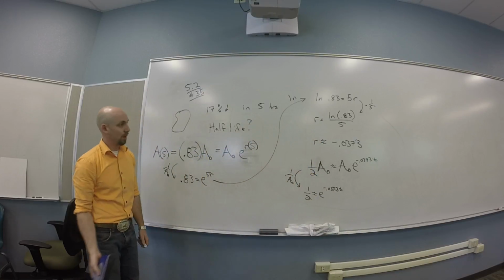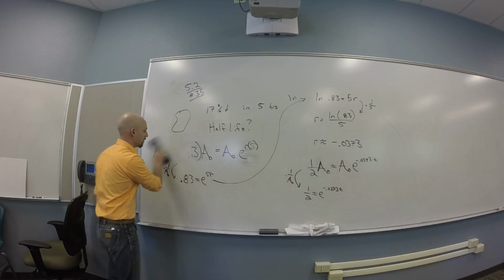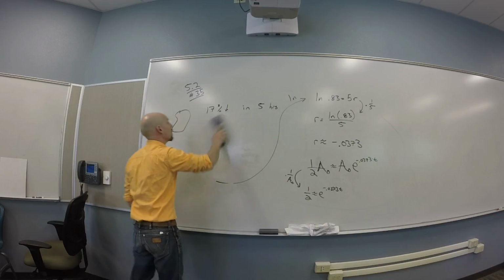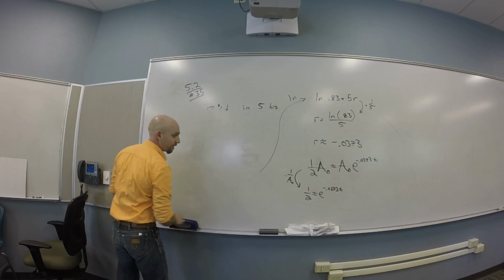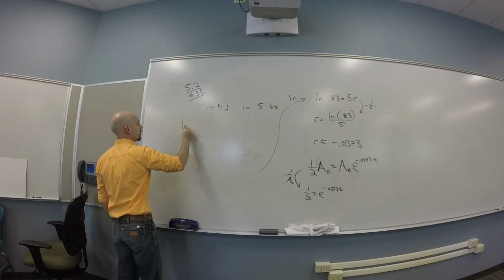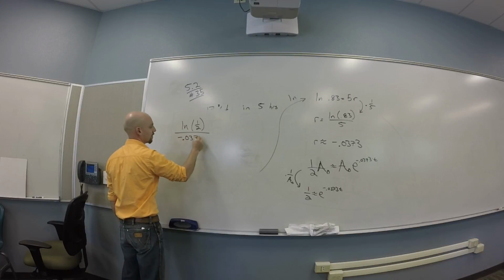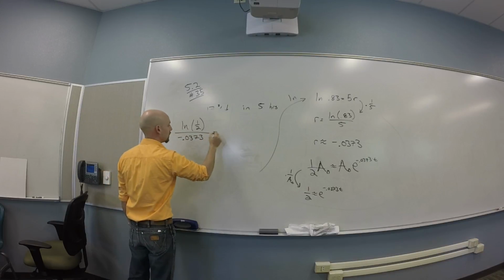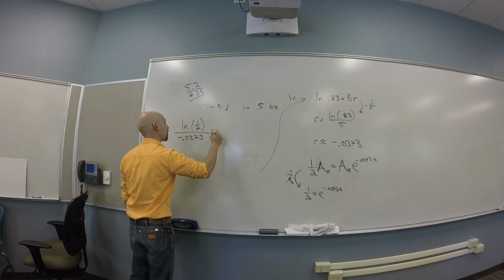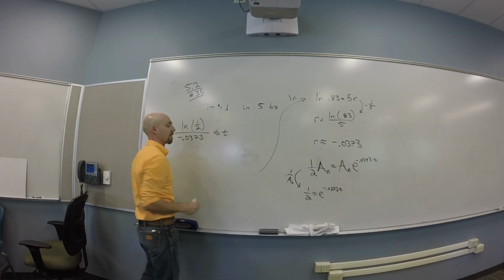So then what? Log it. Yeah, do the same steps from before. Okay, so I get natural log of 1/2 divided by negative 0.0373 is approximately t.